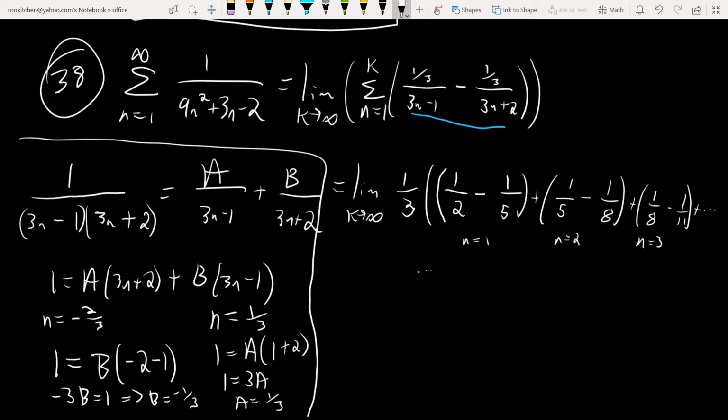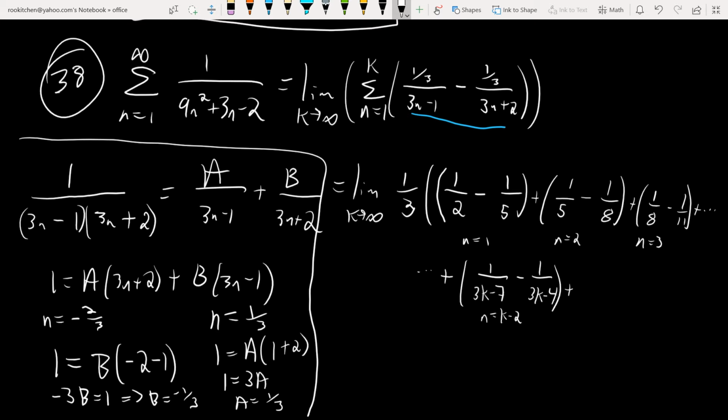Usually you just want 3 or 4 terms so you can see nice cancellation if it exists. On and on and on. And then let's do the last 3. So n equals k minus 2 will be 1 all over 3k minus 6 minus 1, so that's 3k minus 7, minus 1 all over 3k minus 6 plus 2, so that's 3k minus 4.